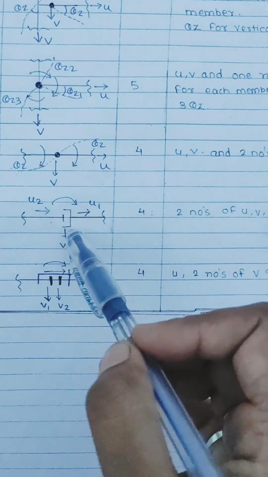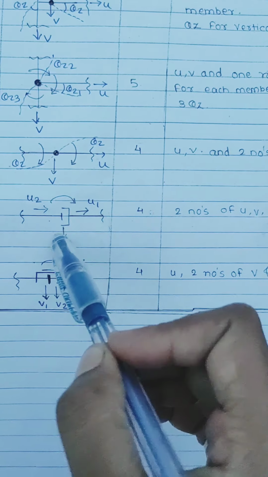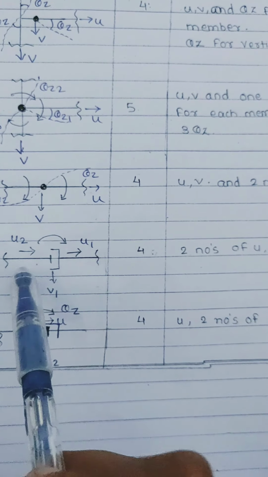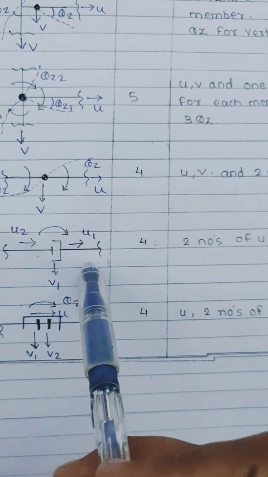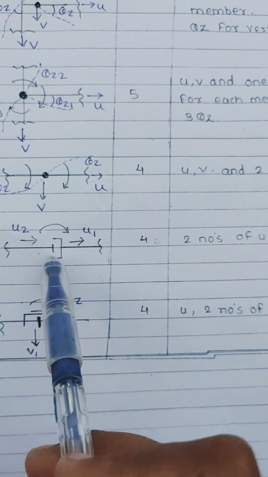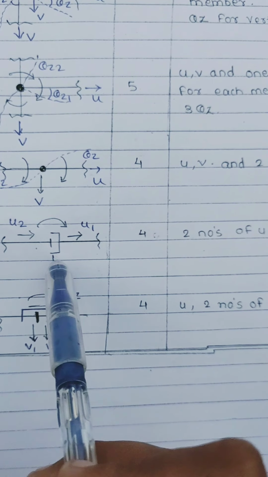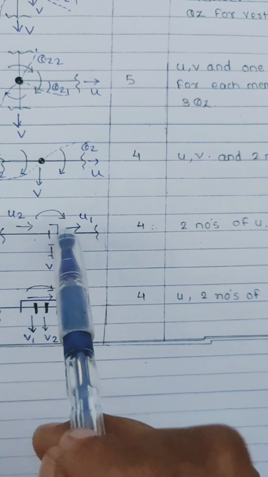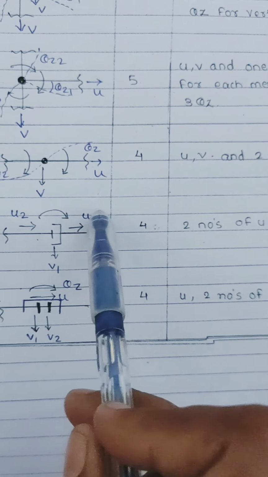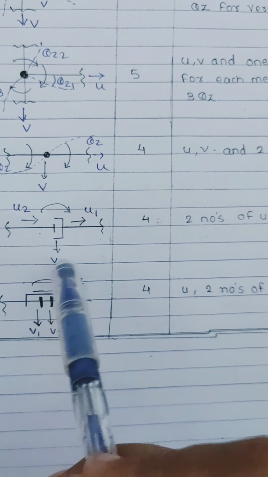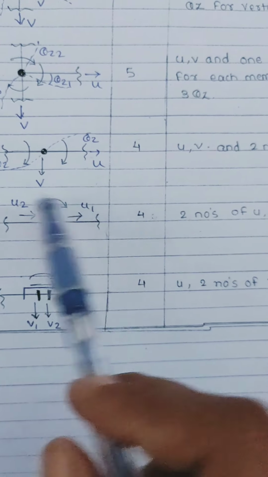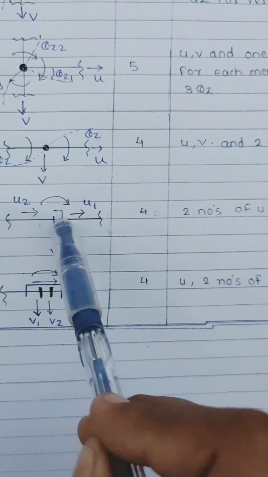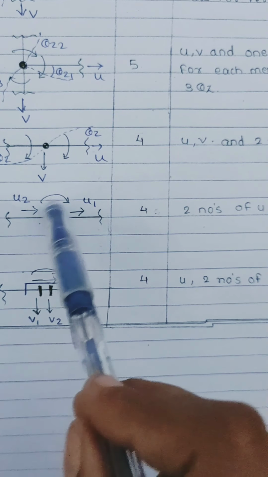Then next diagram shows the horizontal release. Means here this member cuts in 2 parts. Hence due to horizontal release or cutting of this member in 2 parts, there are 2 horizontal displacement. One is represented by U1 and second one is represented by U2. There are 2 horizontal displacements for these 2 members, but at this joint there is a horizontal release.